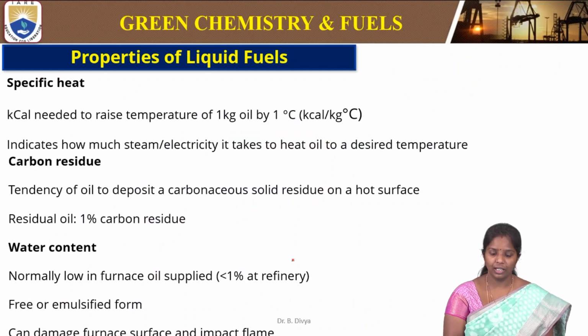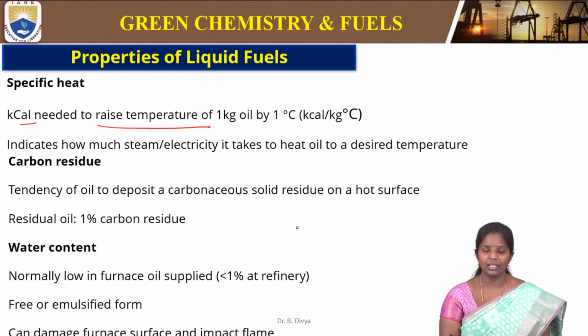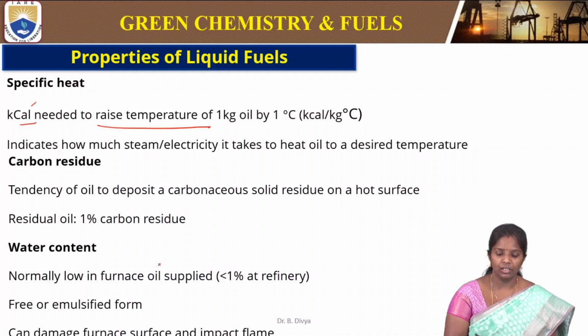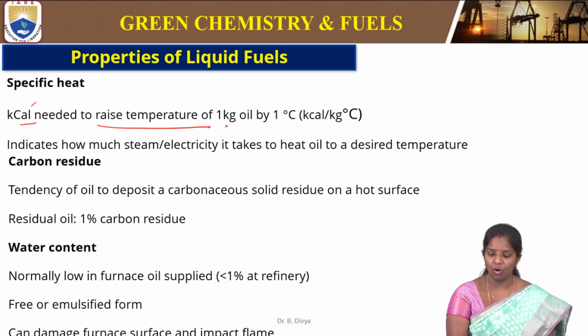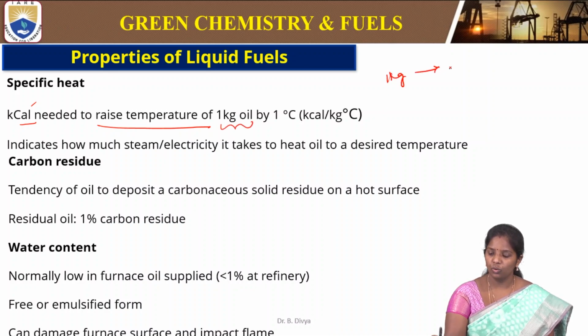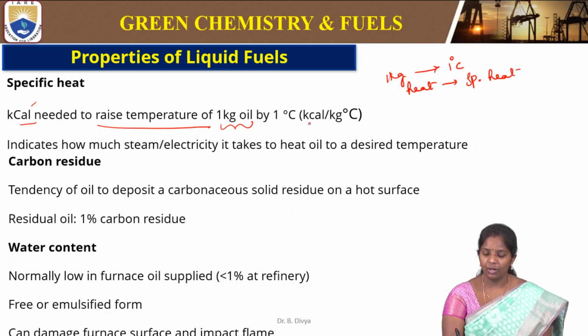Next is the specific heat. It is the kilocalories needed to raise the temperature of 1 kg of oil by 1 degree. So specific heat is nothing but the 1 kilocalorie of energy, or heat, required to raise the temperature of 1 kg of oil by 1 degree. That heat required is the specific heat, measured in kilocalorie per kg per degree centigrade.